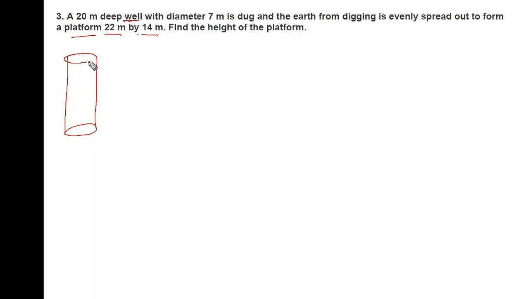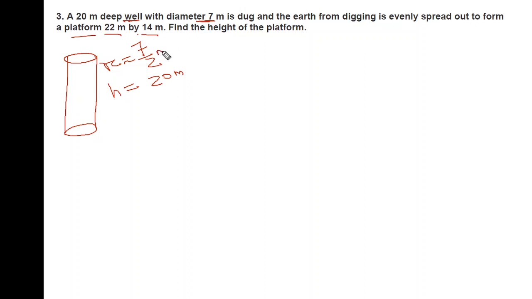Okay, what are the dimensions of the well? Here the radius r is given, diameter is 7, so r will be 7 by 2, and the height or depth of this well is 20 meter, so h equals 20 meter.